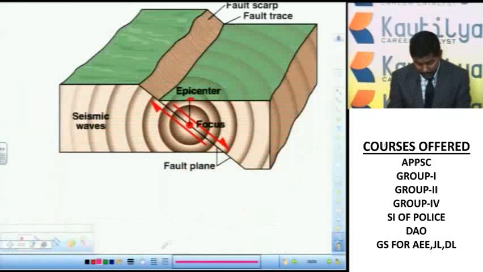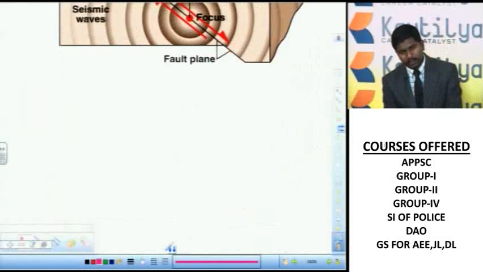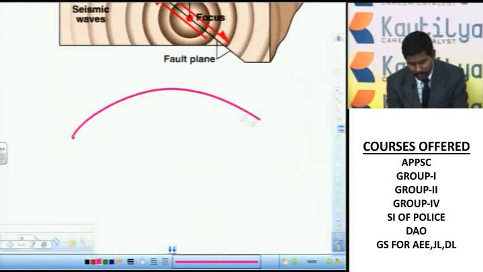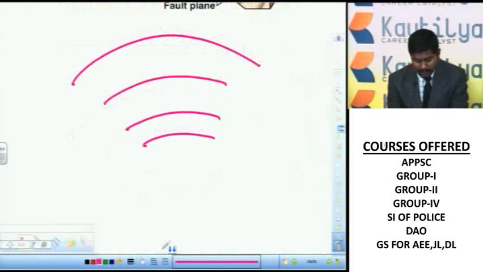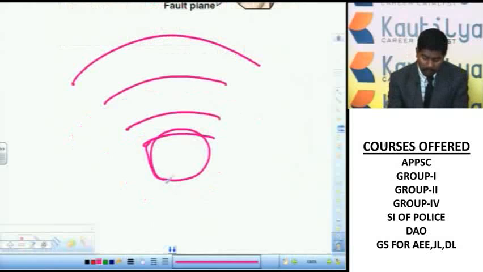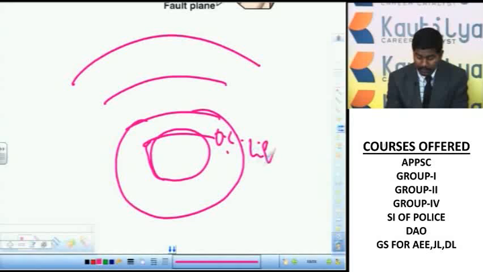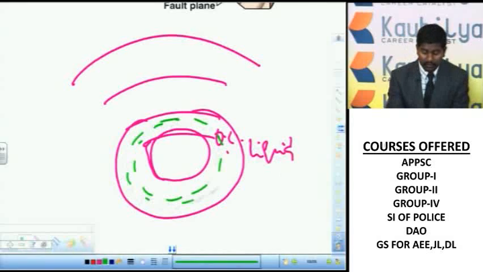As you know from the internal structure of the earth, we have seen the layered structure inside the earth, of which the outer core is in a liquid state, and here the molten metals are there. These molten metals are revolving around the outer core.